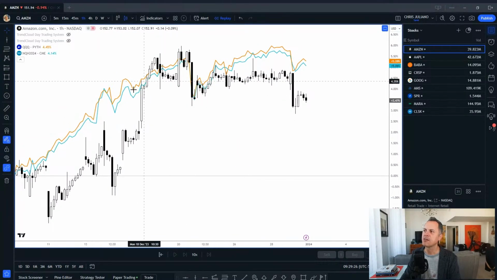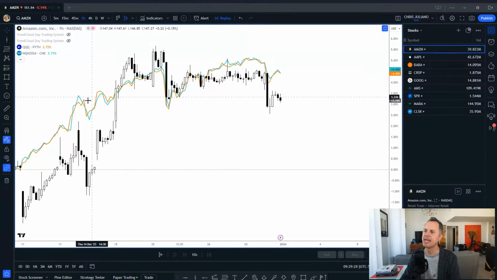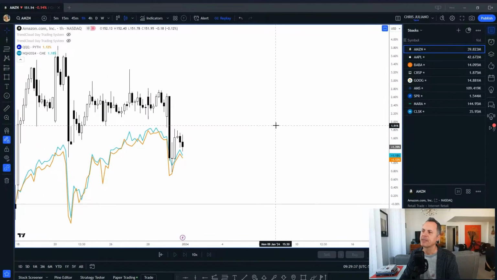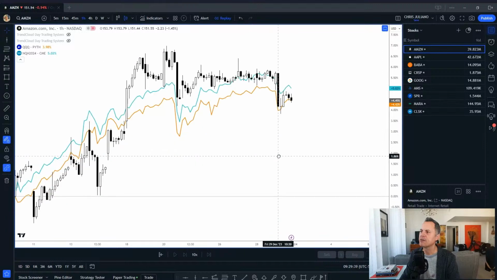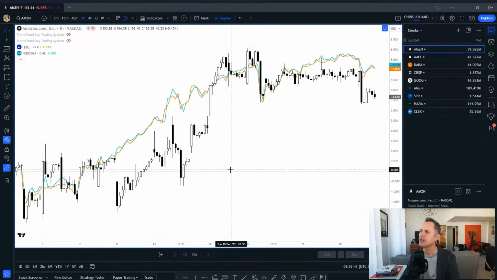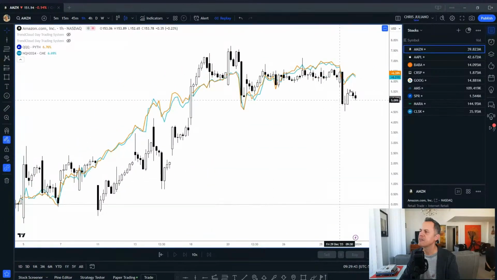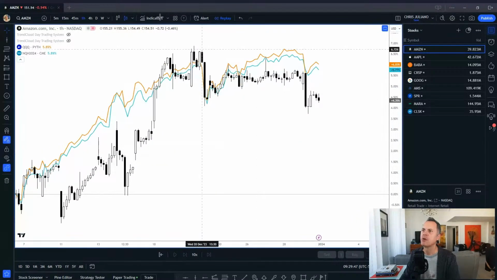So here you can see that the NASDAQ is outperforming Amazon. Okay, but right here it crosses above. That's really weird. When you move the chart around, I think it's telling you what it is as of right now. And we are on replay, I believe. Yeah, I think I messed this up a little bit, but you get the idea.